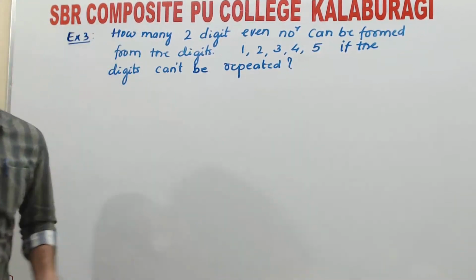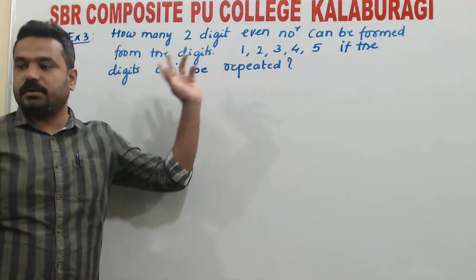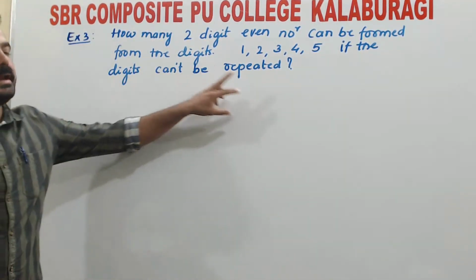Okay, in this example they have given that digits can be repeated, but the student asked, if they cannot be repeated, what do we have to do.